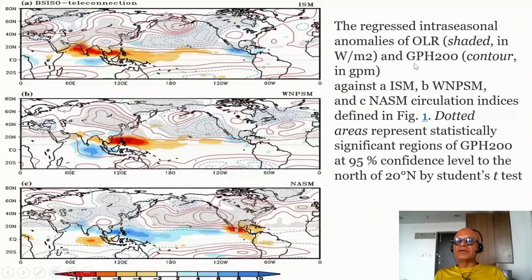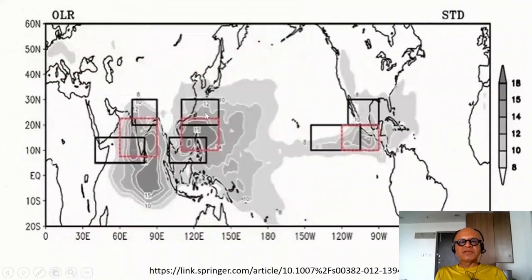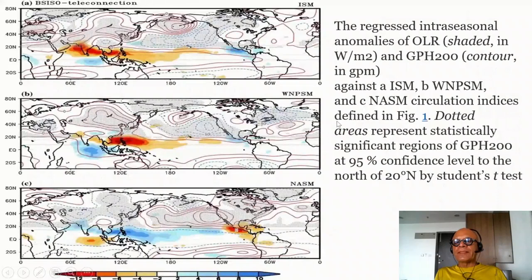And the geopotential height at 200 hectopascal in meters against the Indian summer monsoon, West North Pacific summer monsoon, and the North American summer monsoon circulation indices that are defined in the previous figure. There are statistically significant regions where there are these gray shadings.